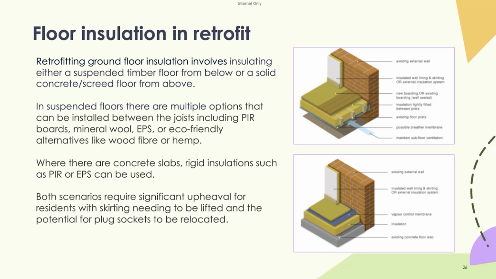So it's less likely to happen in retrofit purely because of floor to ceiling heights and the impact it'll have on the occupants in terms of having to remove all of the furniture. You'll have to remove the skirting boards, you'll have to remove plug sockets and change the heights of these things. So it's quite a significant uplift to upgrade floors in retrofit. However, there are examples of that, and typically, if it is the case, then these sort of methods will be adopted.